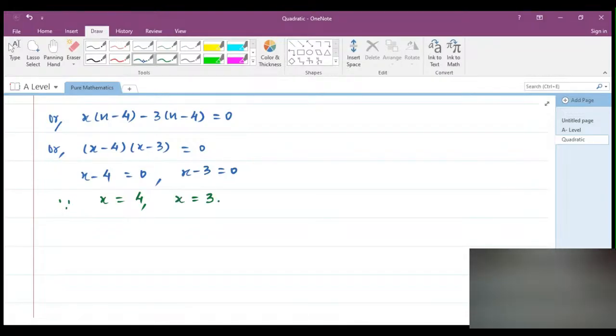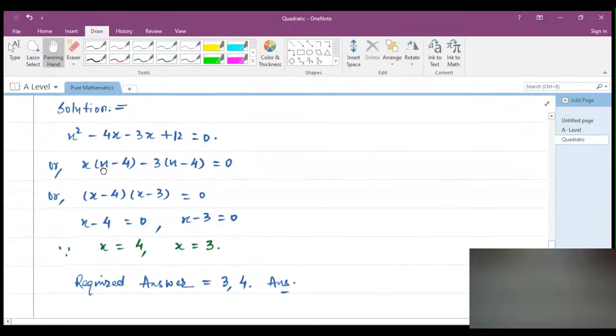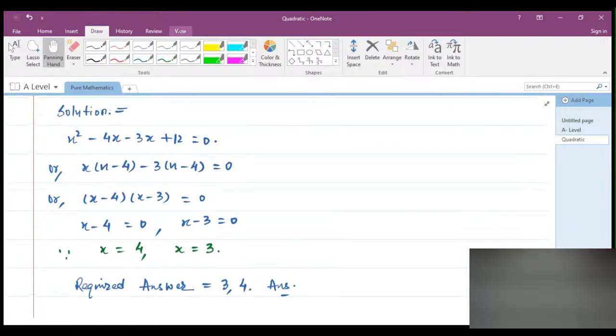Therefore, the required answer here will be 3 and 4. Hope that there is no problem to understand the solution of this question.